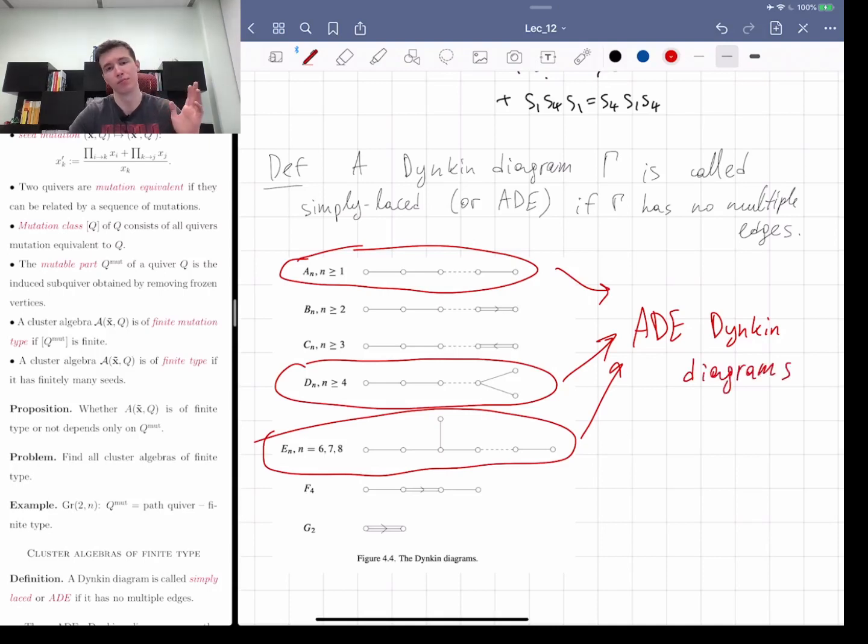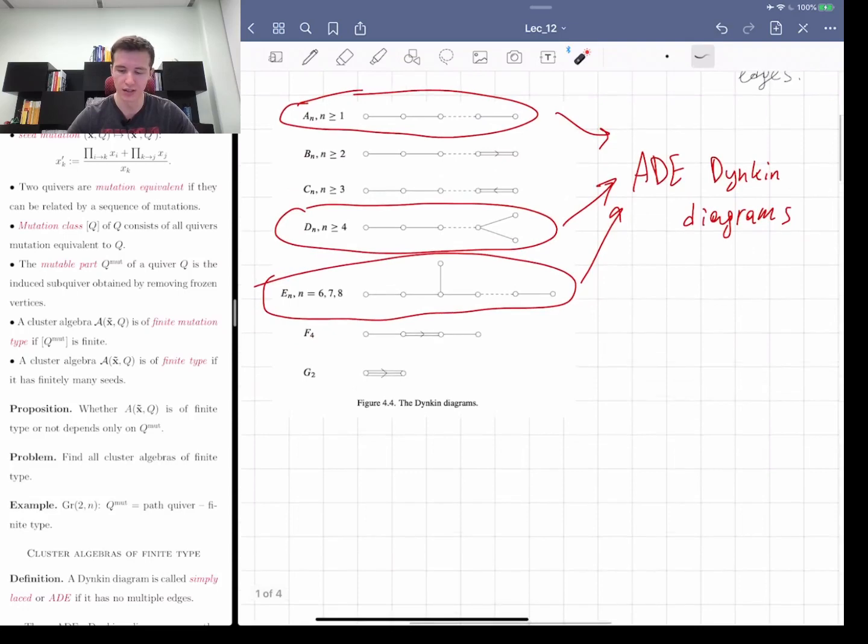And so it just happens that in this class we're going to pay much more attention to ADE Dynkin diagrams than to other Dynkin diagrams. But in general, usually all the statements generalize: if you have some statement that's true for ADE, then it's true for arbitrary Dynkin diagrams. And we're going to see this happen for cluster algebras today and next Wednesday.